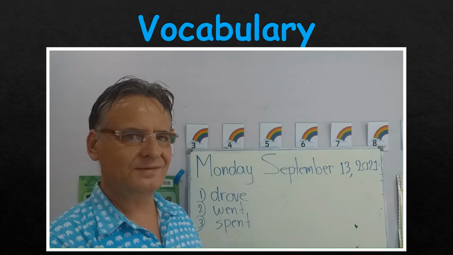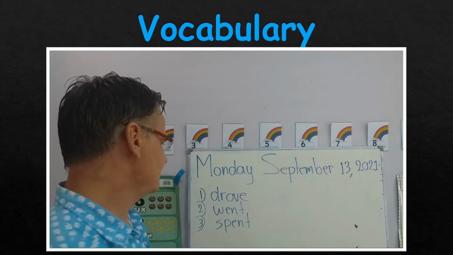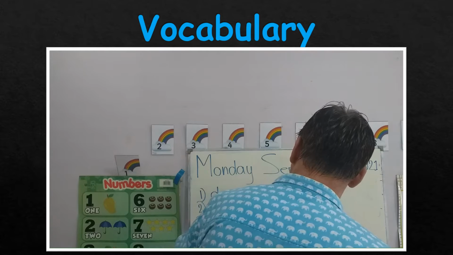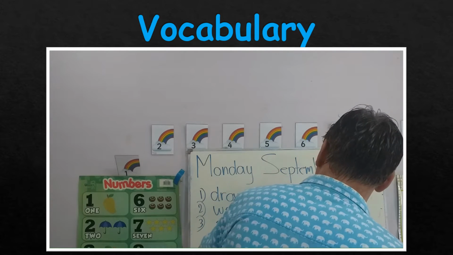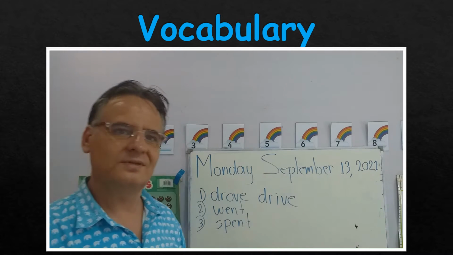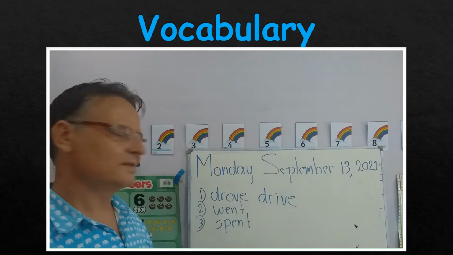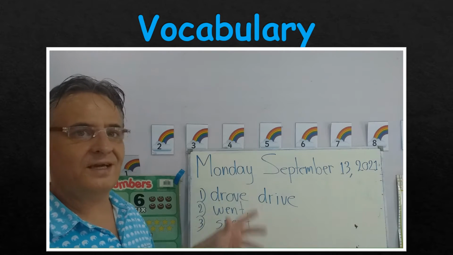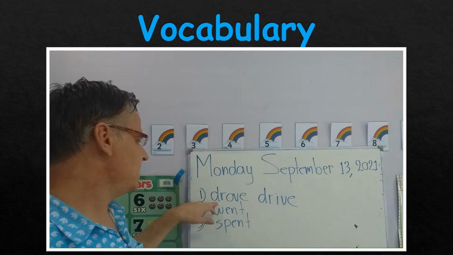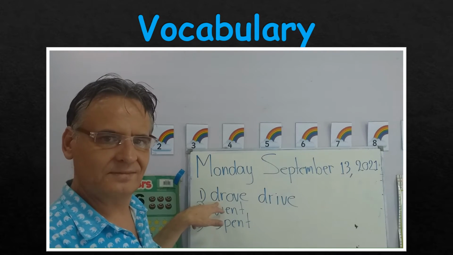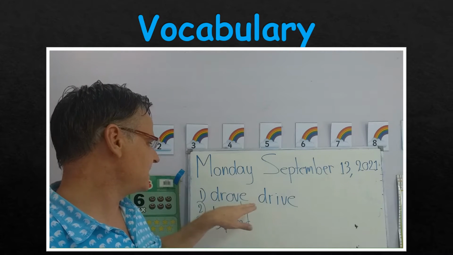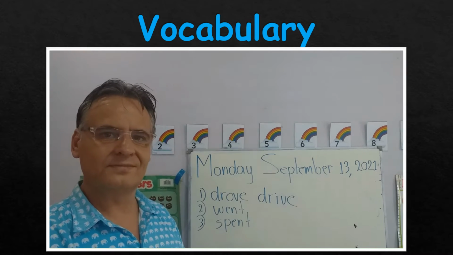Who knows? Yes, the present tense is drive. Like I drive my car. Today I drive my car. Or now I'm driving my car. Yesterday I drove my car. So drove is the past tense for drive.